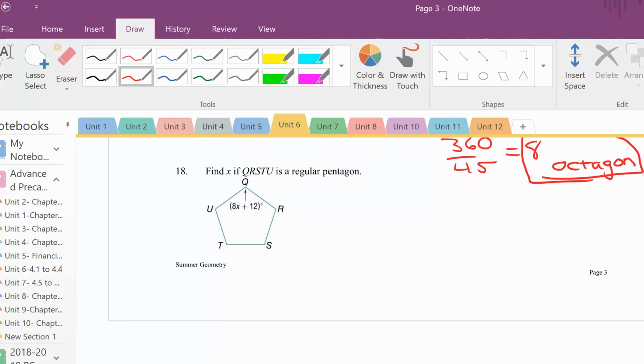And if it's a regular pentagon, remembering that the sum of the measures of the interior angles of a pentagon is (5 minus 2) times 180, so it's 540, and these are all the same since it's regular. So 5 times (8x + 12) equals 540.